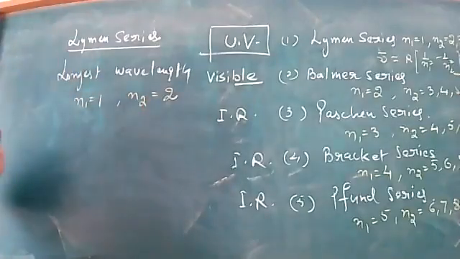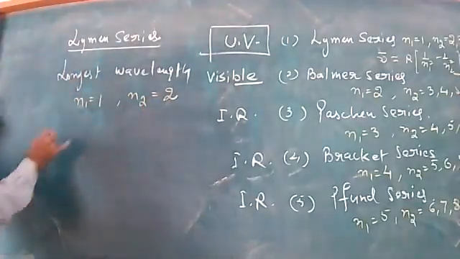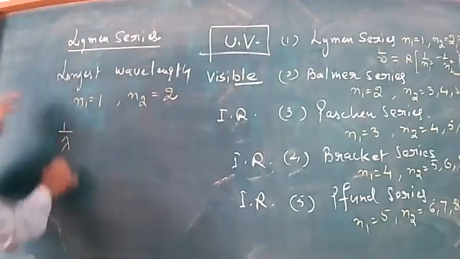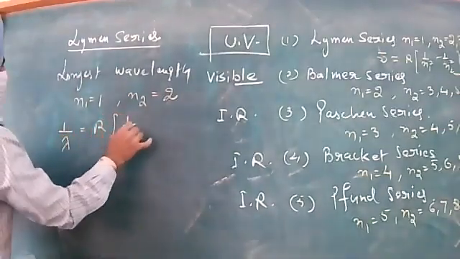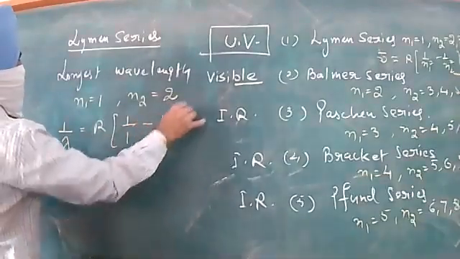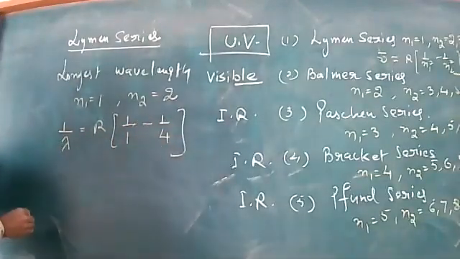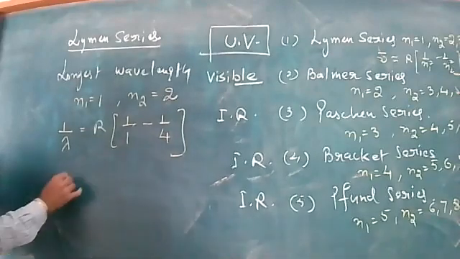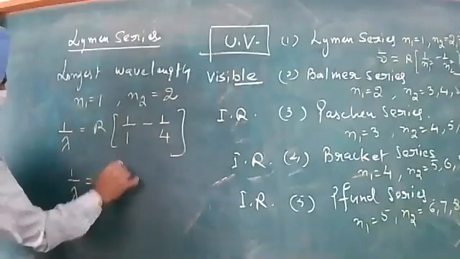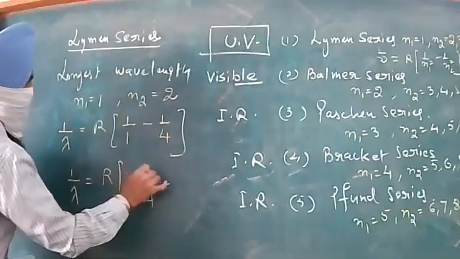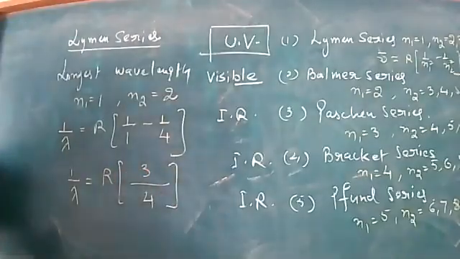Now let us solve. This will be the longest wavelength. It is 1 by lambda, that is our wave number, equal to R, 1 by 1 square which is 1, minus 1 by 2 square which will become 4. And dear all, 1 by lambda equals R into 3 by 4.